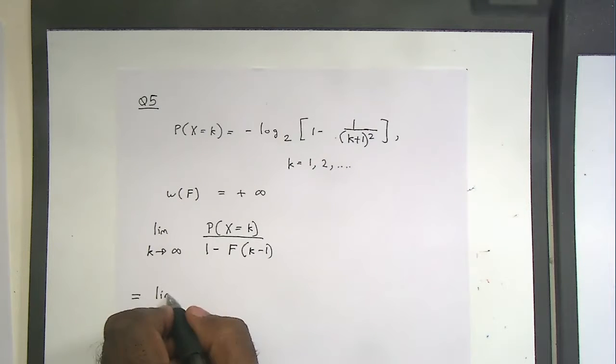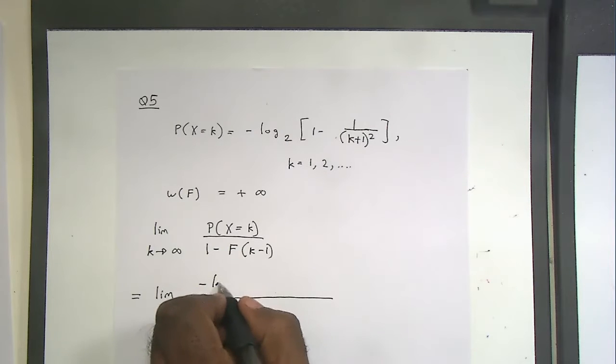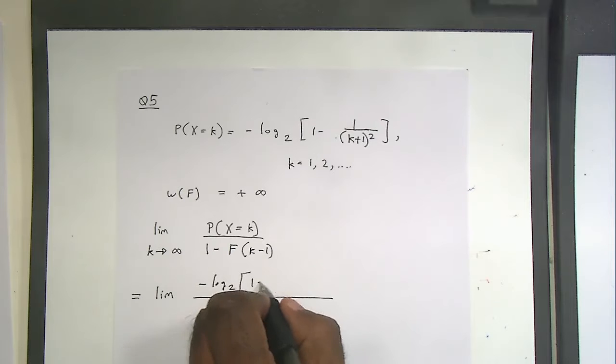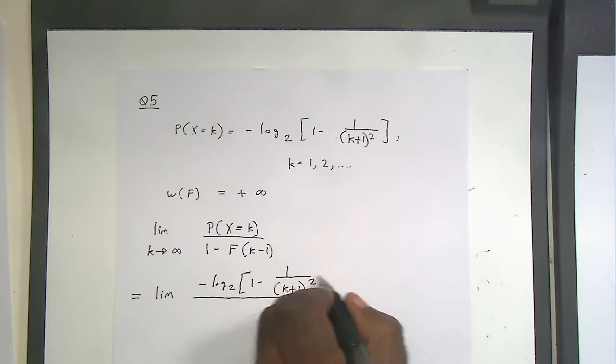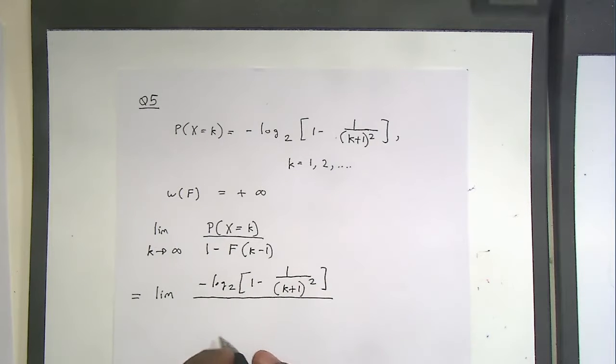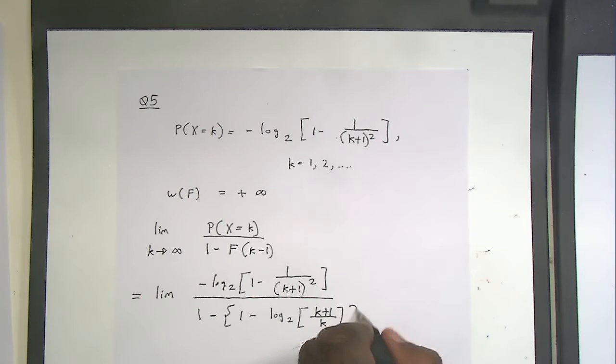This would be the limit of minus log base 2 of... and in the bottom you have 1 minus the CDF, which is 1 minus log base 2 of... Alright guys, are you with me or not?